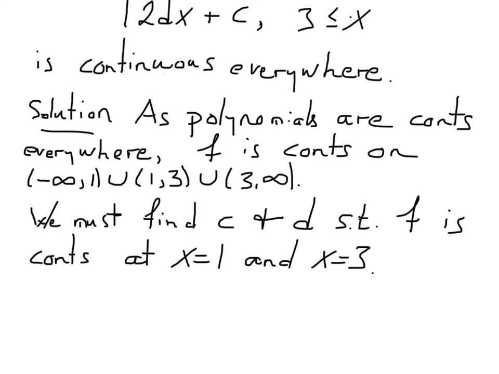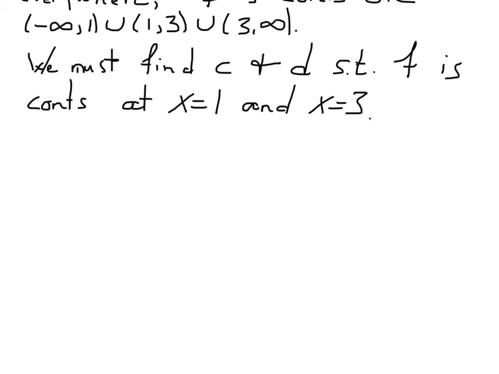Okay, so let's see, what do we need to say? Well, what does it mean for f to be continuous at 1, and what does it mean to say that f is continuous at 3? So first we'll deal with continuity at 1. f is continuous at x equal to 1.